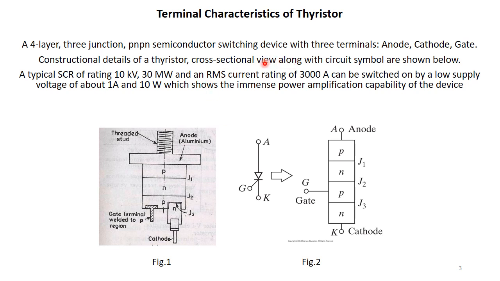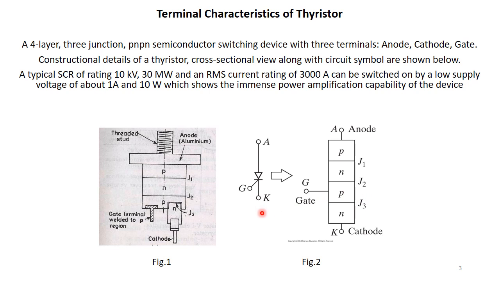You can see from figure 1 and figure 2, which provide us the constructional view as well as the schematic, the thyristor has 4 layers of p-type and n-type semiconductor materials, along with 3 junctions named J1, J2, and J3.